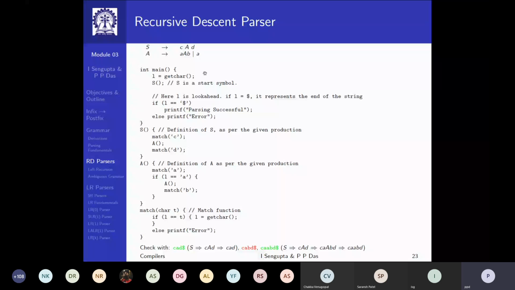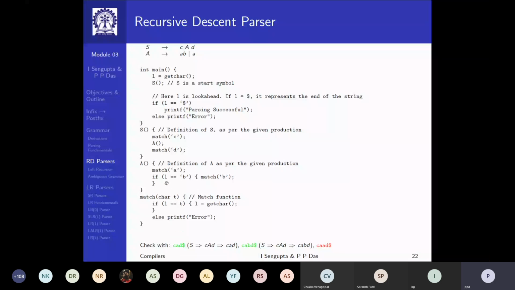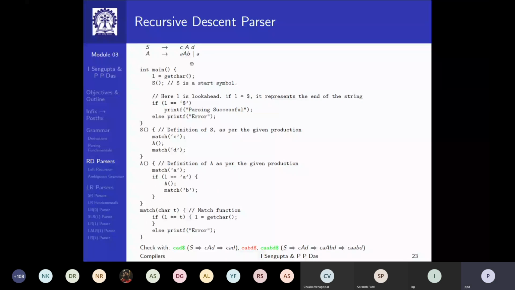Let's go back. Earlier, we checked whether it is B or not, because that is a B that we are expecting. But now, certainly, if we have the second production, then your look ahead should be a D, if it is correct. Right? So I will go out.